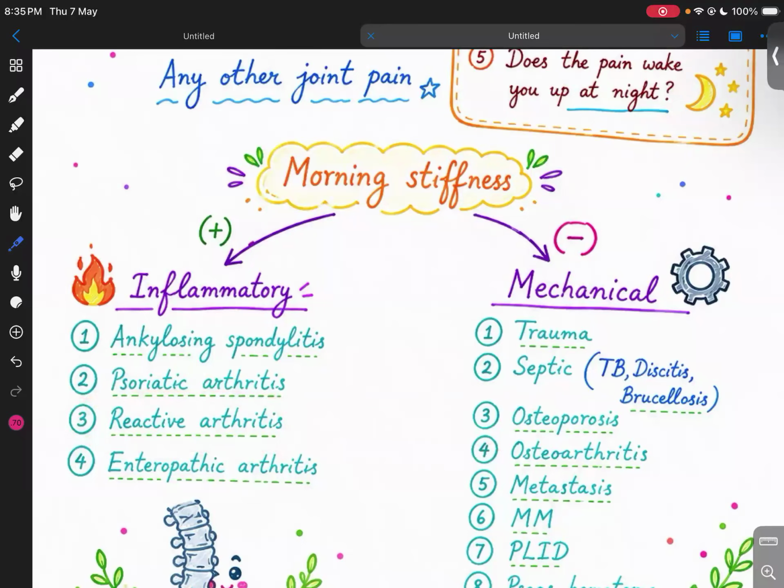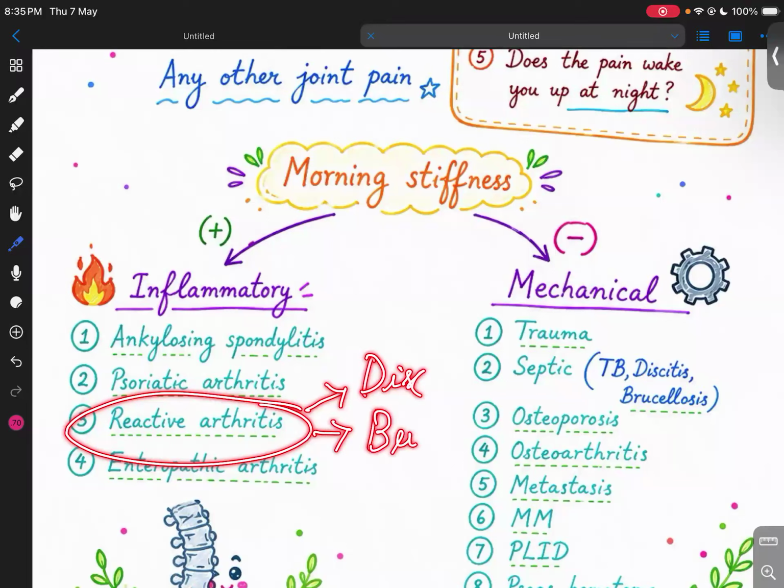So these 2 are the screening questions for reactive arthritis. I'm again repeating, discharge from the private part and burning micturition. And whenever you are asking this question, you have to utter them aloud, so that you prove to the examiner that you are ruling out reactive arthritis.